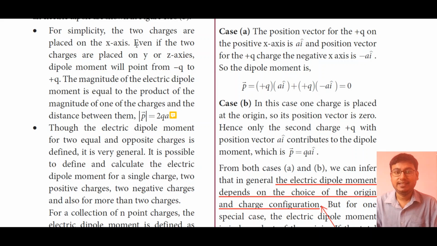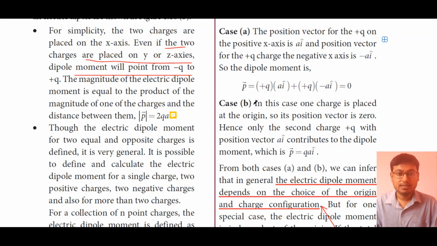Now let us come to our next topic. For simplicity, the two charges are placed on the x-axis. In our previous figures 1.16a and b, we saw a positive charge q on the positive x-axis and a negative charge minus q on the negative x-axis. Even if the two charges are placed on the y-axis or z-axis, the dipole moment will point from the negative charge to the positive charge.